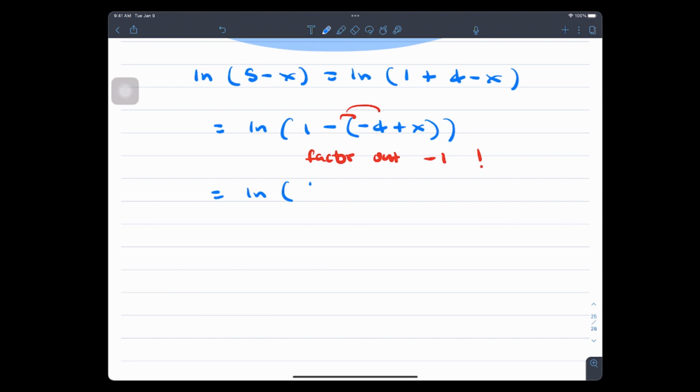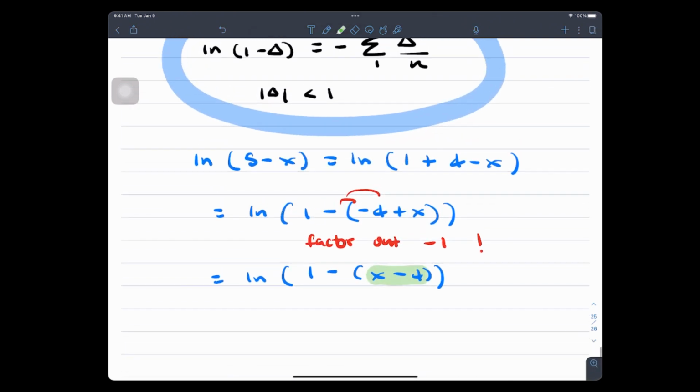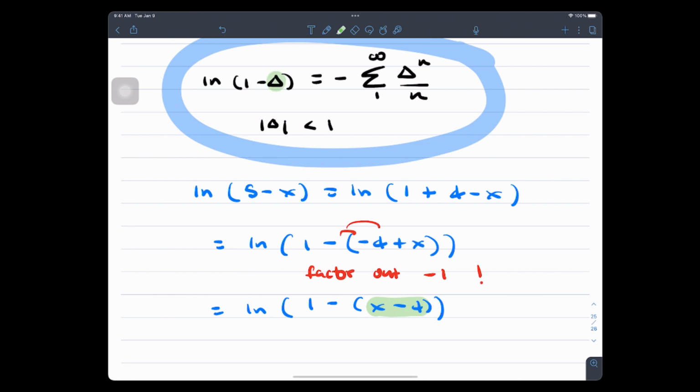And then you say, well, isn't this 1 minus, just change the terms, x minus 4 here. Okay, switch your terms. So this portion here is in green.